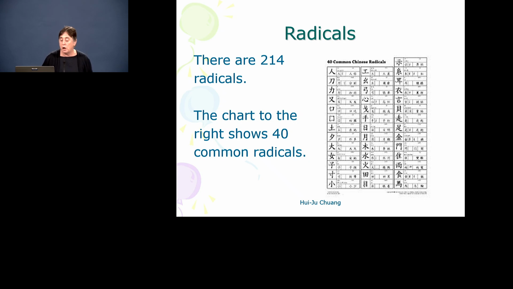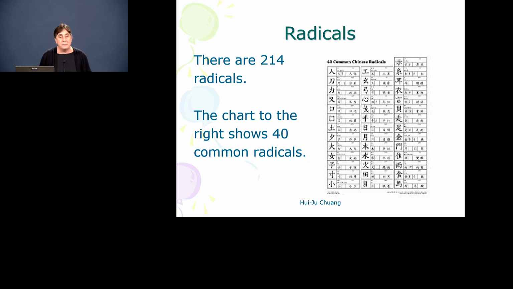So there is a chart to the right, and you can find in your textbook some more examples, or fairly similar examples, of some common radicals. And the very first one here is person, and that is written slightly different when it's a radical, and we'll run into these over and over again.